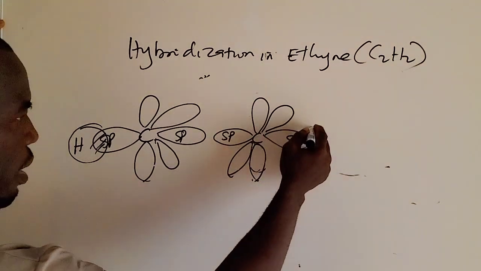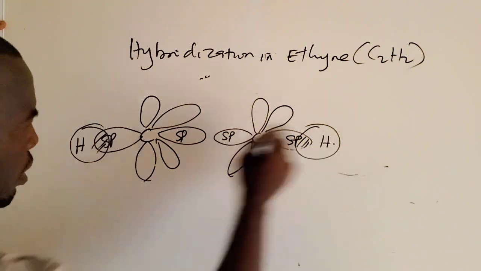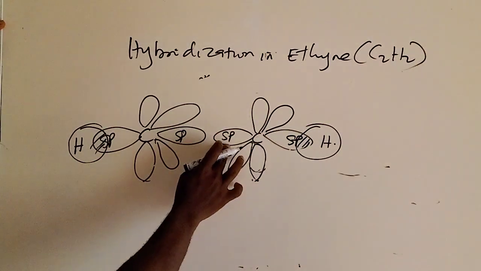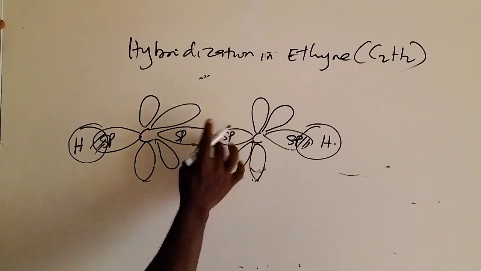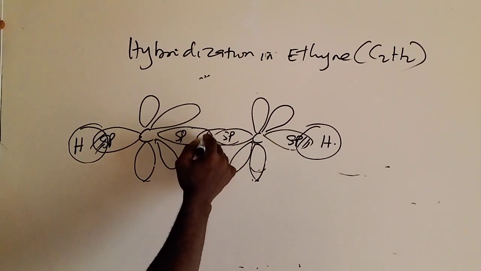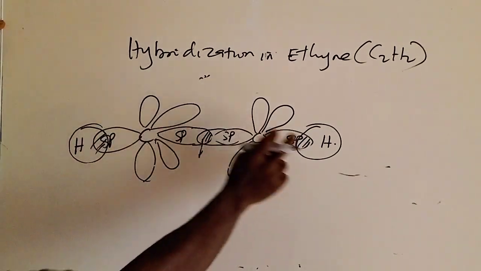The other will also overlap with hydrogen again to form a sigma bond here. Then the remaining sp orbital from each of the carbons will overlap head on to give another sigma bond there. So we have sigma, sigma, sigma bonds.